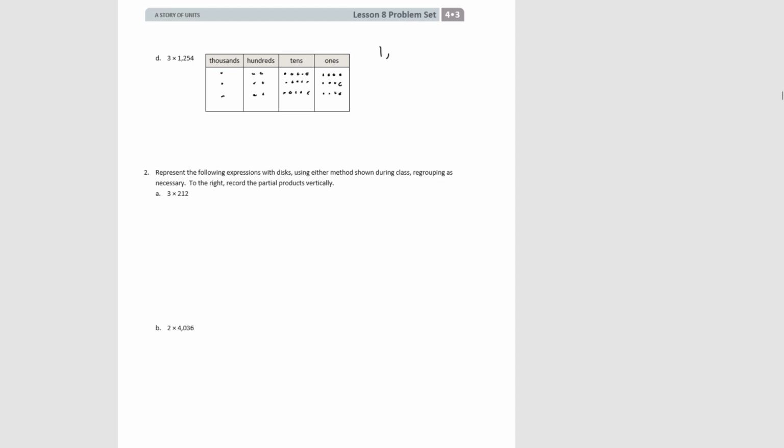And writing the problem vertically, we start with the ones. 4 ones 3 times is 12. 5 tens 3 times is 150. 2 hundreds 3 times is 600. And 1,000 3 times is 3,000. And we'll add up our partial products.